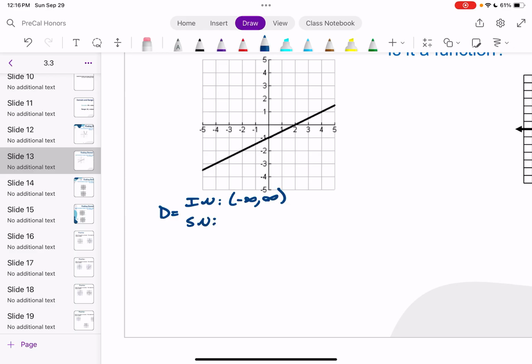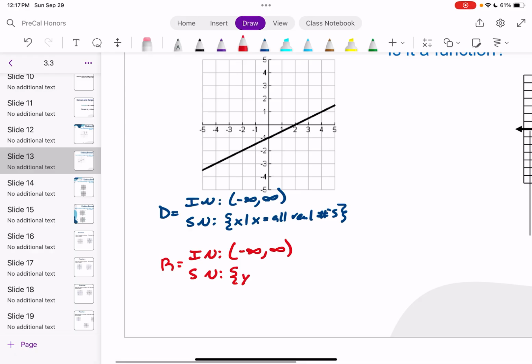Our set notation would be x such that x is equal to all real numbers. Our range in interval notation would be from -infinity to +infinity. Our set notation would be y such that y is equal to all real numbers.